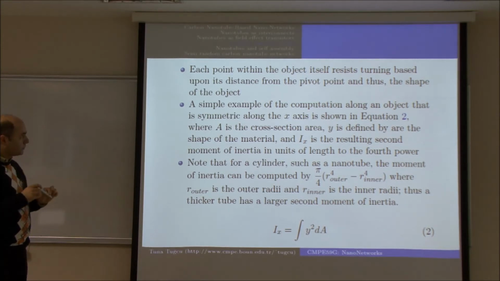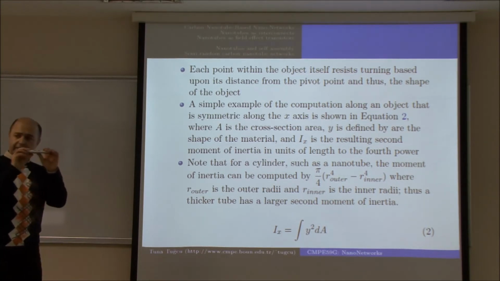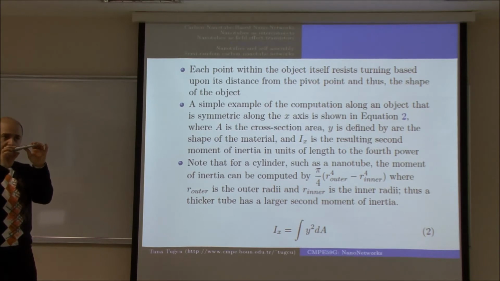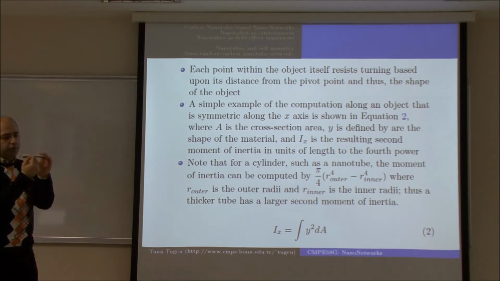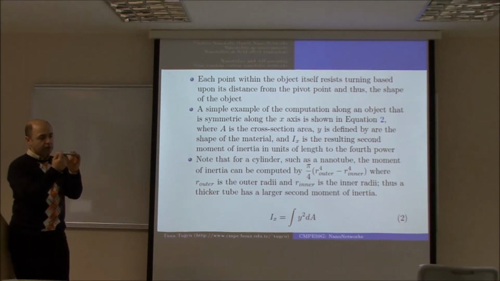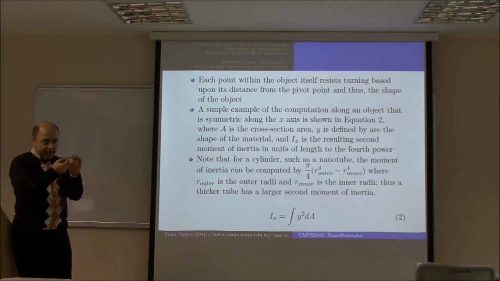Okay? But when I'm forcing it this way, actually, the force for the points here is different from this part. On this side, you have a tension, because if you force it more, it will start shearing from here and break.